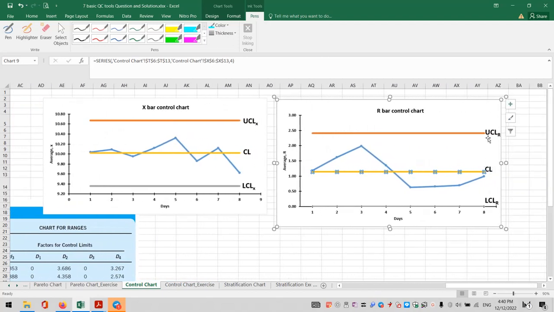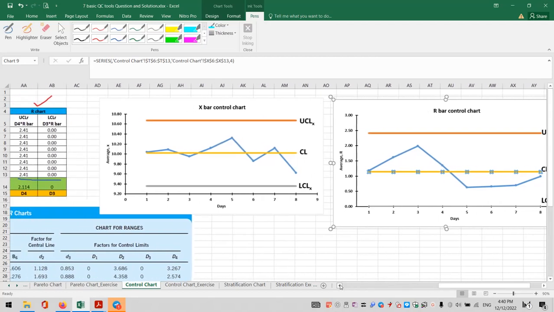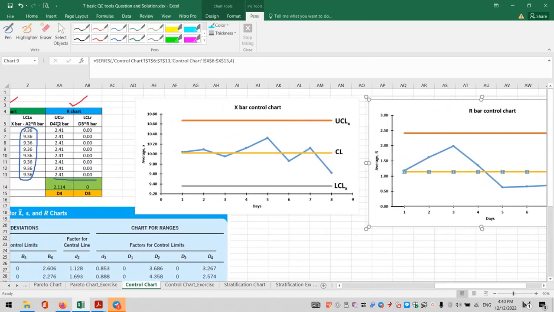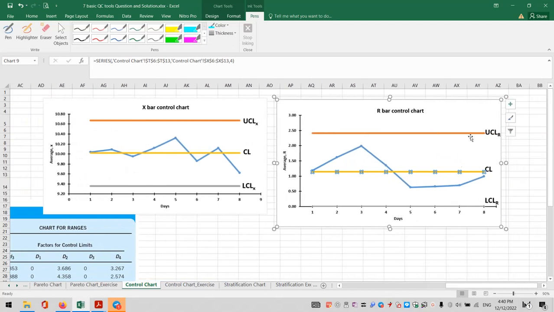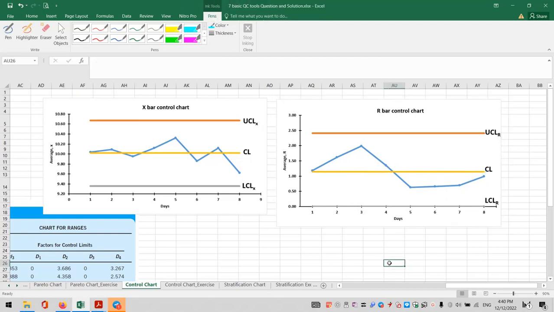Here is the upper control limit and lower control limit that use these formulas: D4 times R bar and D3 times R bar. Then you get this line. After that, you will see the trend of the graph.